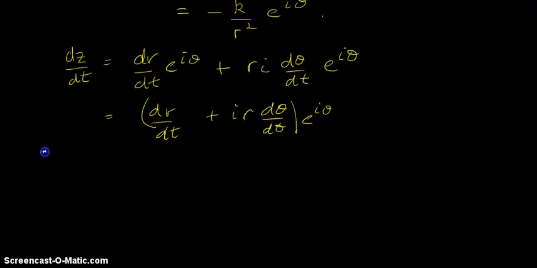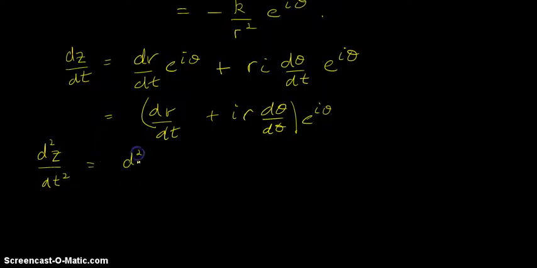And now we need to differentiate that. So the second derivative: we've got to differentiate this, keeping that fixed, and then the other way around, keeping that fixed and differentiating this. It's just using the product rule.